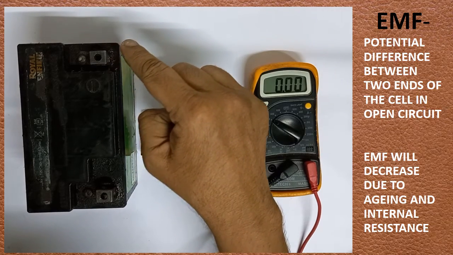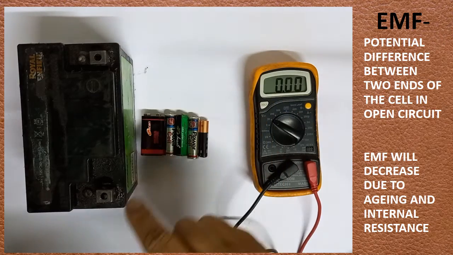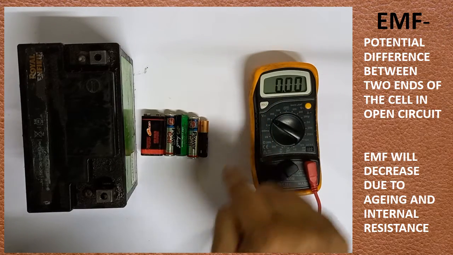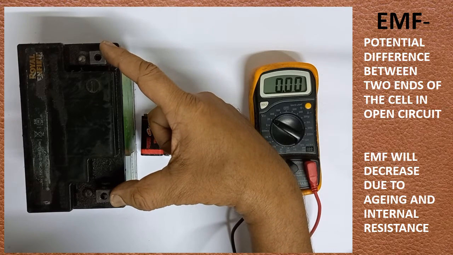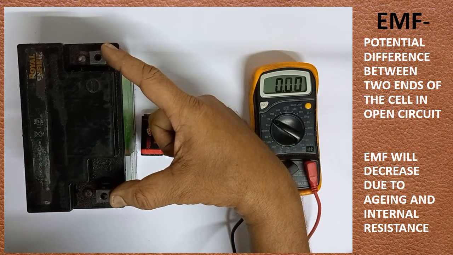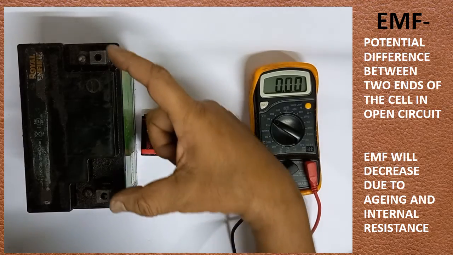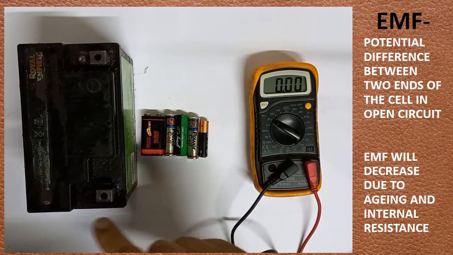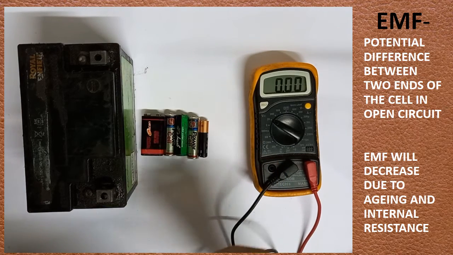So the conventional current flows from the positive end to the negative end only because of the difference in potential. If there is no EMF, if there is no potential difference across the two ends, current won't flow. Because of the potential difference alone, current is able to flow. That potential difference across the two ends is called EMF.